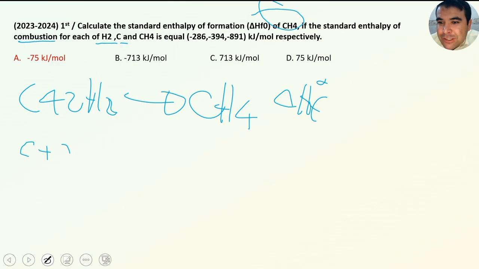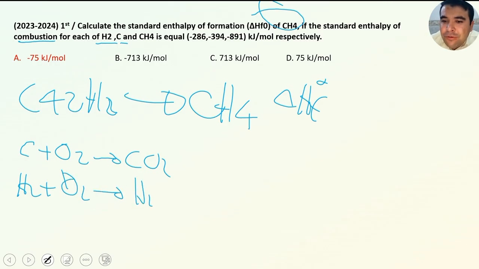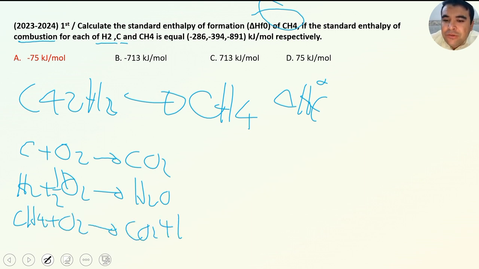Carbon plus oxygen forms CO2. Hydrogen plus 1/2 oxygen forms H2O. And then methane plus oxygen forms CO2 plus H2O. Okay, guys. Of course, 2 H2O and then 2 oxygen to balance.